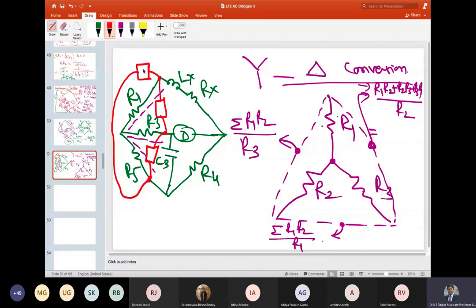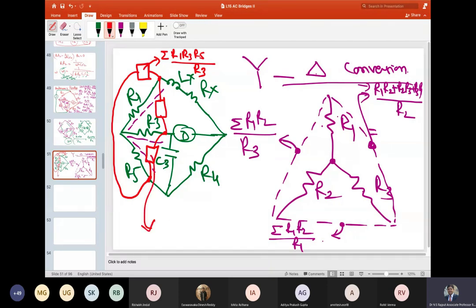For example, can you tell me what will be this value? This will be sigma R1R3R5, I mean, the sum of R1R3 plus R3R5 plus R5R1, right? Divided by the one arm which is not connected. R1, R5 are already over here, so the opposite one on the left is R3, right?